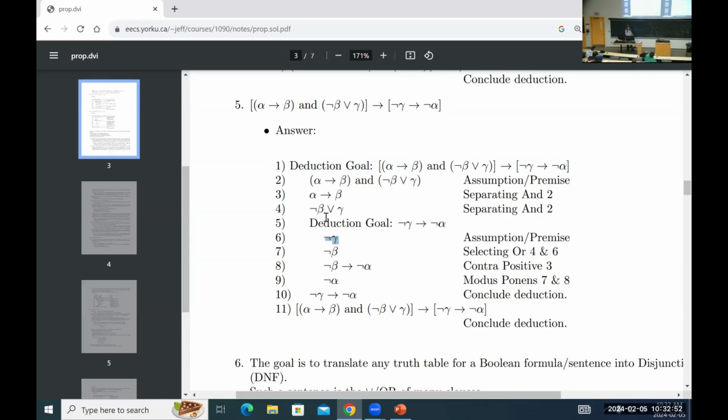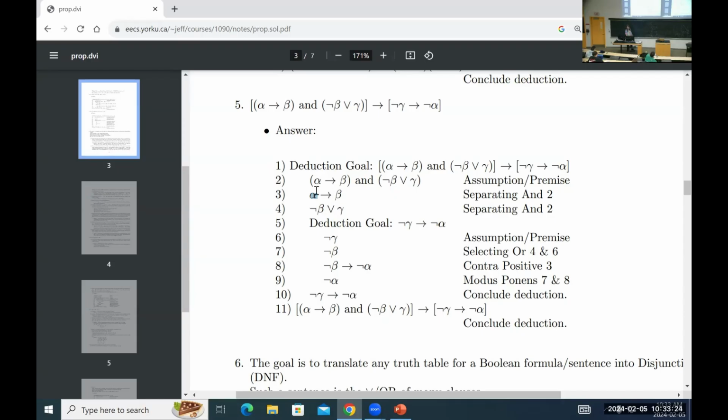Now I know a bunch of things. I know 3, and I know 4, and I know not gamma. What can I do with those? Not gamma plugs into this with selective OR. If not gamma is true and the OR is true, then not beta better be true. And now not beta is true, so not alpha better be true.